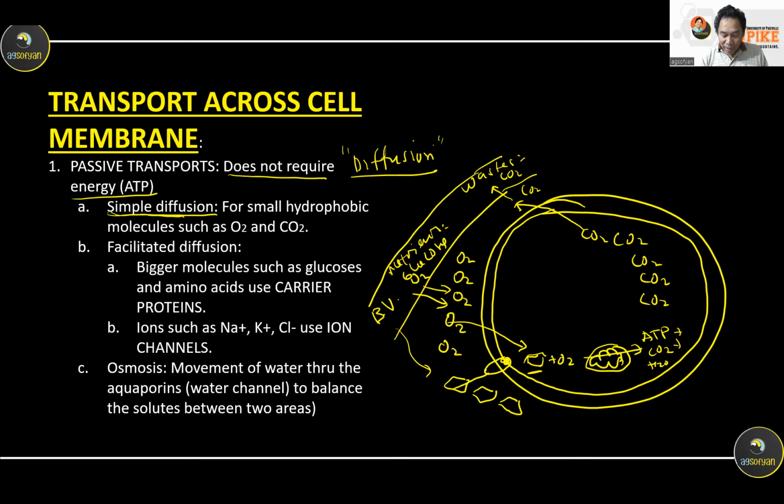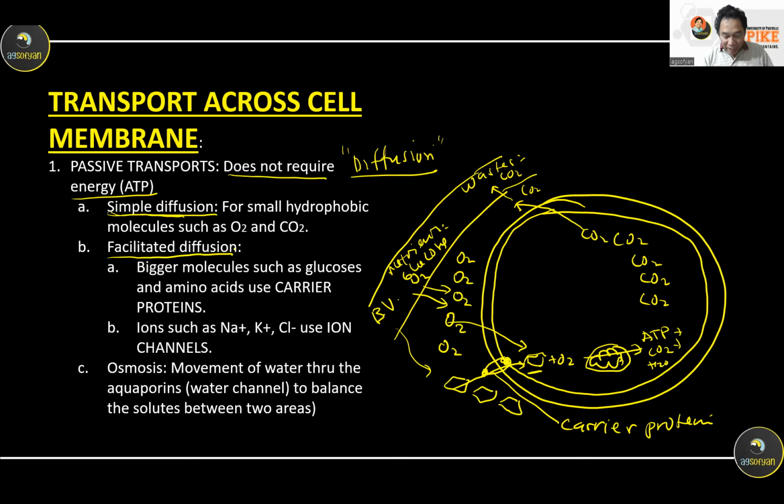So this transporter will be used by the glucose to enter into the cell. This is still diffusion because it is from higher to lower concentration. However, in this movement, glucose needs facilitation, help from the carrier protein. Therefore, the movement of glucose is called facilitated diffusion.